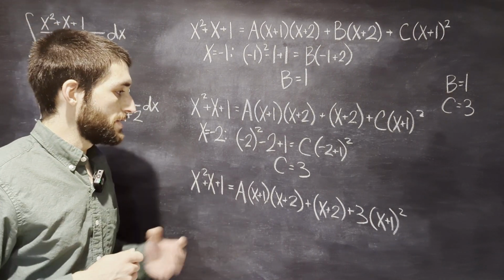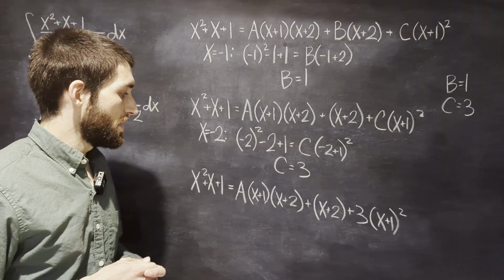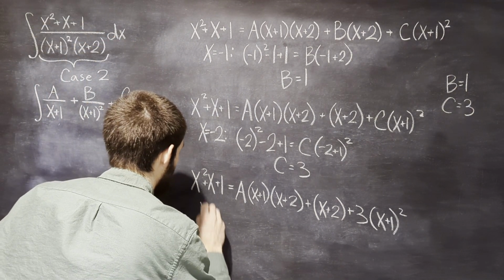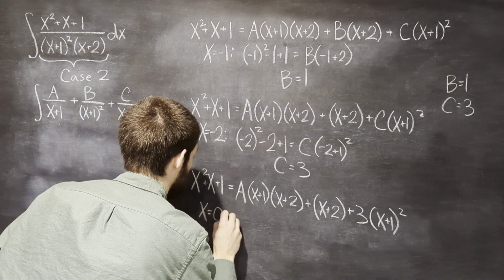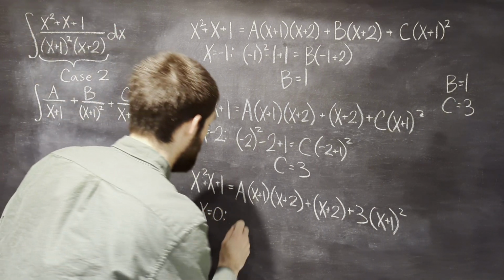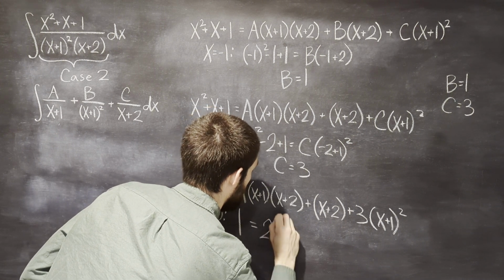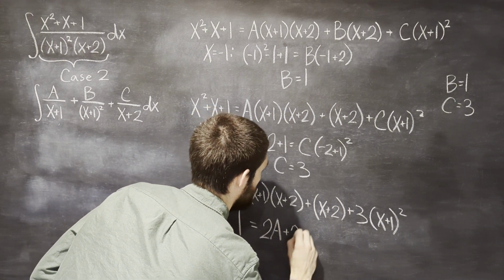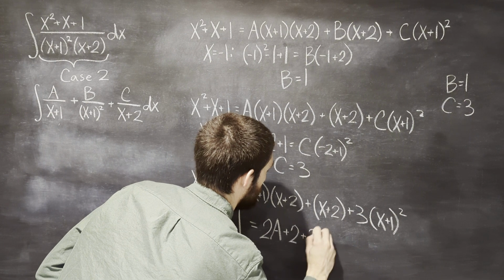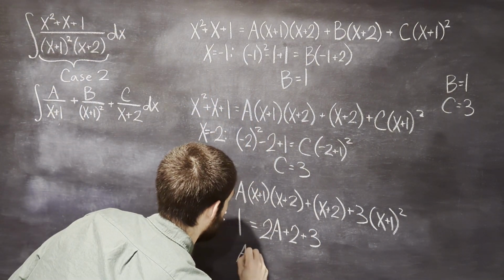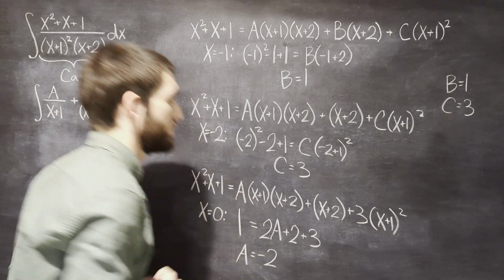And now we just have a to solve for, and the easiest way we could solve for a is just choosing x equals 0. So if x equals 0, the left side becomes 1, and the right side becomes 2a + 2 + 3. Then solving for a, we get a equals -2.